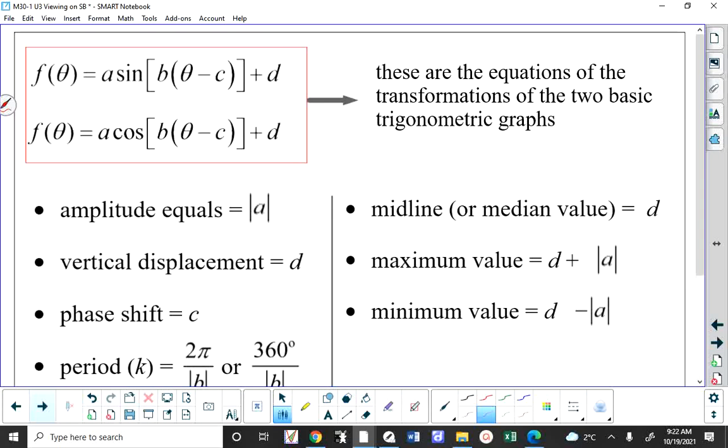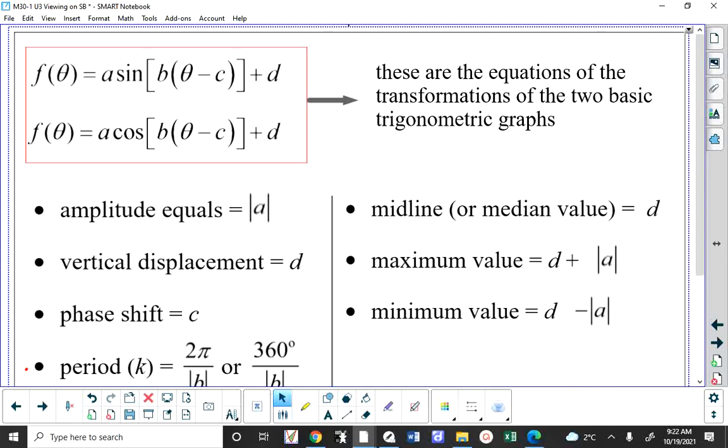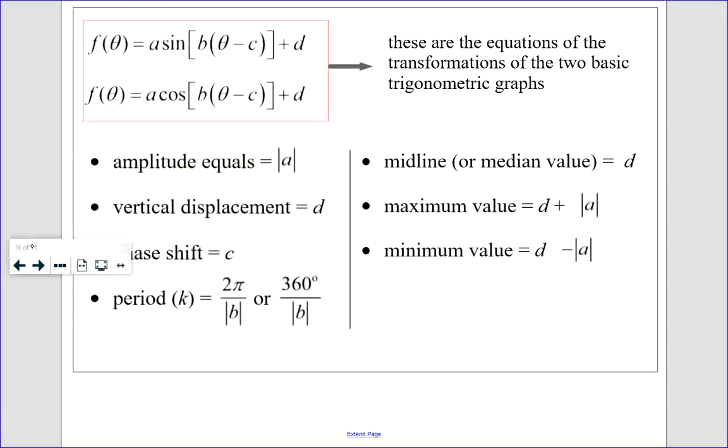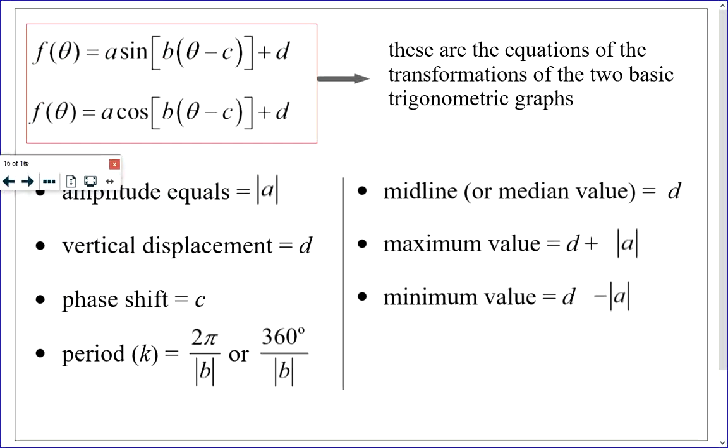The period, which we give the symbol k, can be found by taking 2 pi divided by the absolute value of b. And if you want to work in degrees, then you would go 360 divided by b.